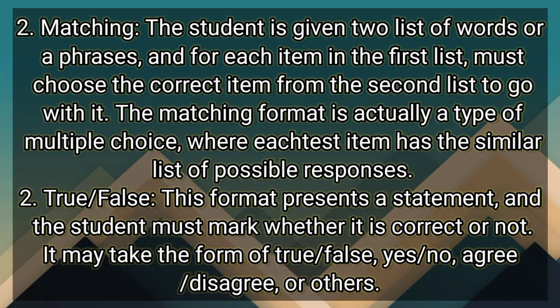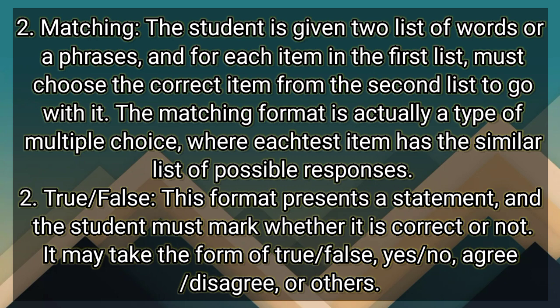Next, second one, matching. The student is given two lists of words or phrases, and for each item in the first list must choose the correct item from the second list to go with it. The matching format is actually a type of multiple choice where each test item has the same list of possible responses.